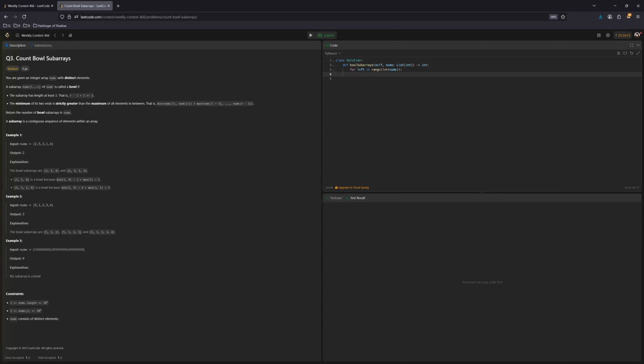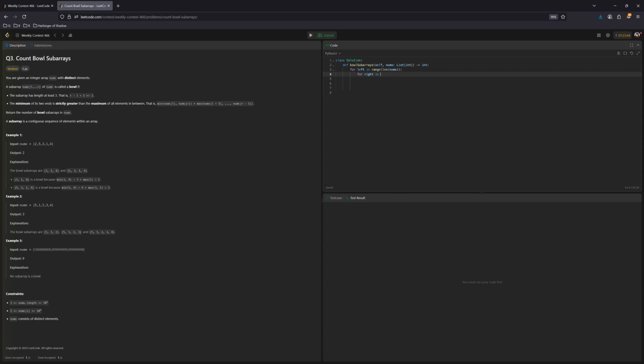So I have to somehow know where each of the bowls are. Okay, let's finish writing it and see if we can figure it out after that.